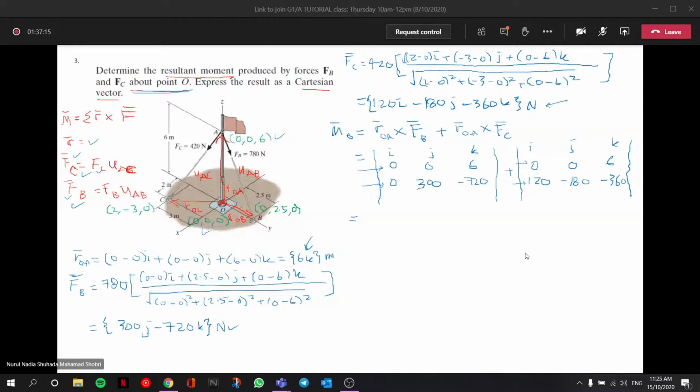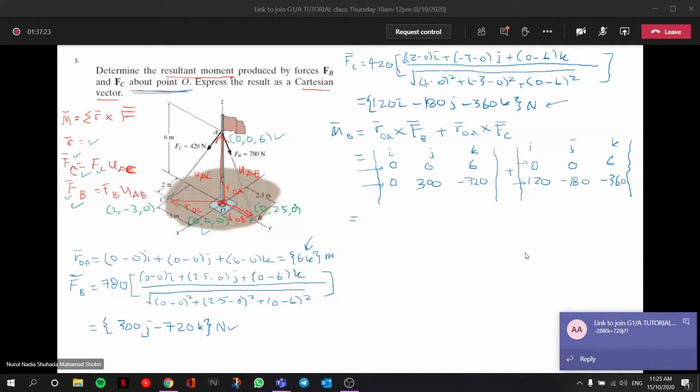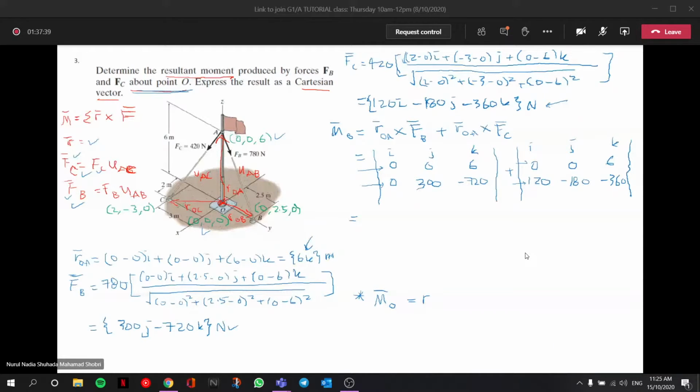While waiting for you to give me the final answer, in case you are not using R vector OA, you can also use ROC and ROB. So the equation if you use ROB and ROC would be something like this: the resultant moment vector equals vector ROB times vector FB plus vector ROC times vector FC.